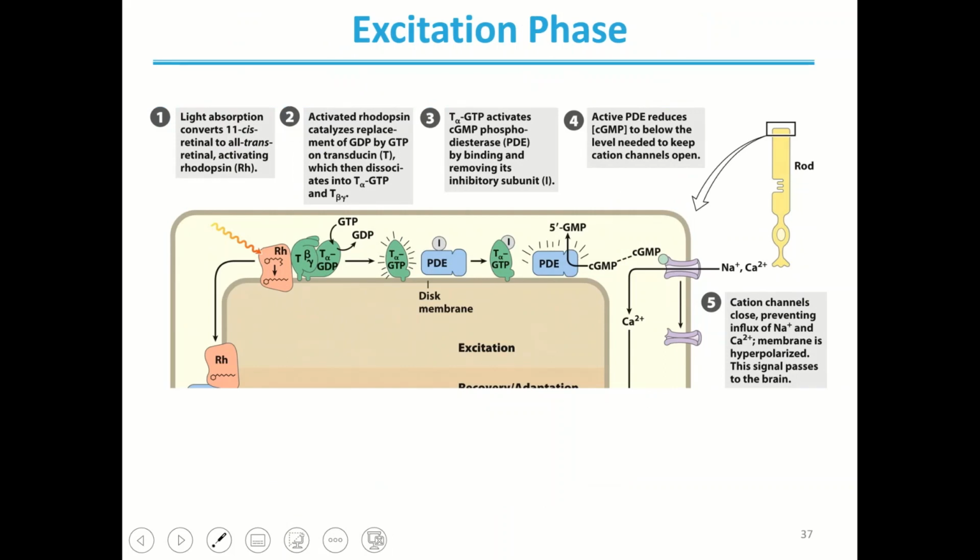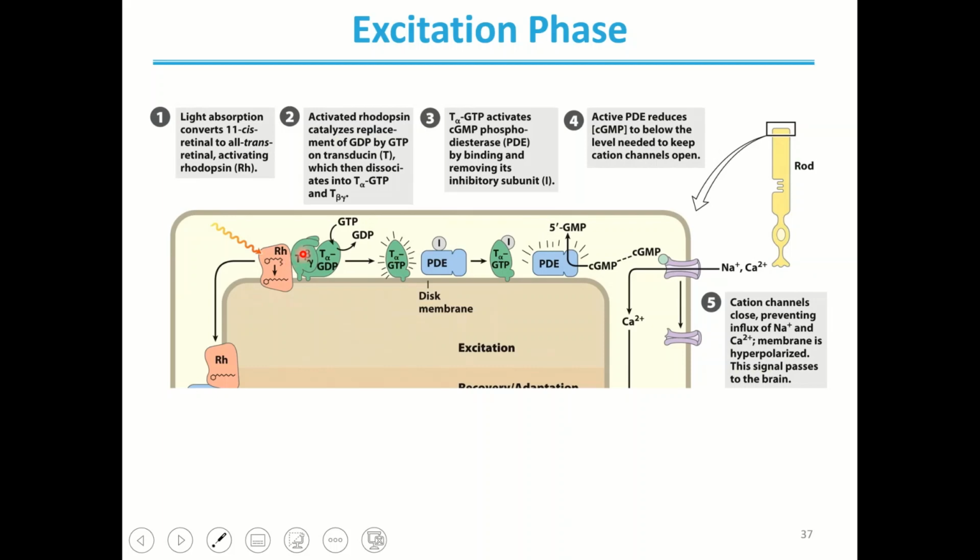Okay. Good. So looking at this in a little bit more detail, the first thing that happens is light is going to hit this rhodopsin molecule, and when that happens, visible light is going to change that ligand that's in there. If you remember, we've talked about this before, it's 11-cis retinal that is the ligand in there. When light hits it, it becomes all-trans retinal.